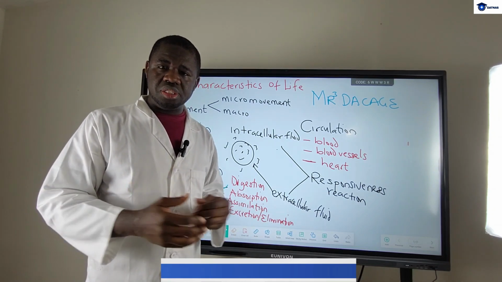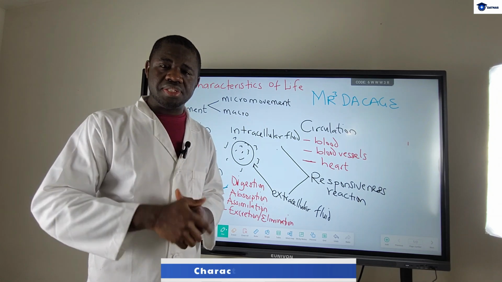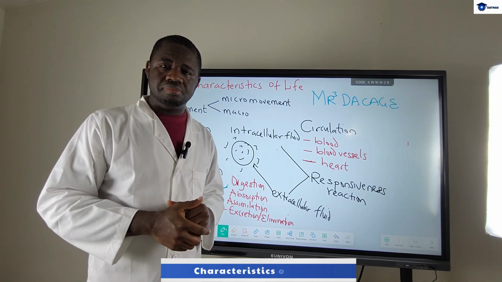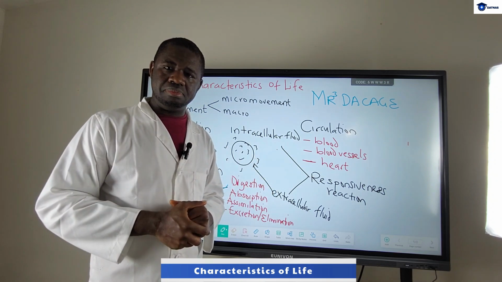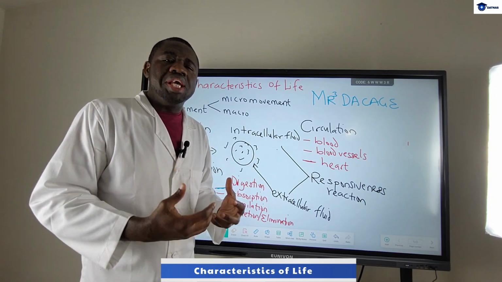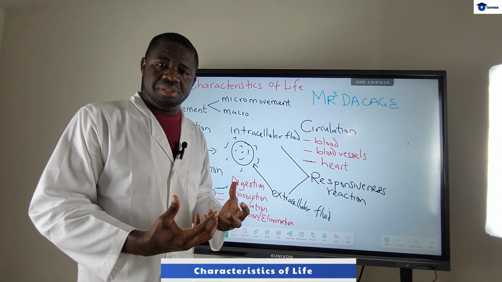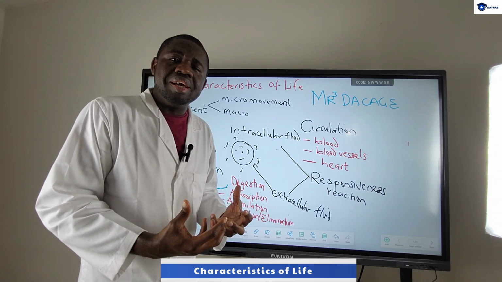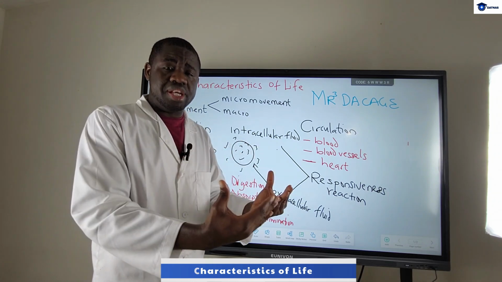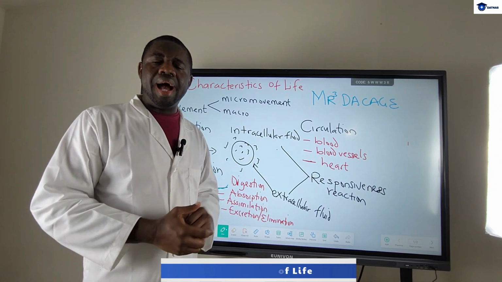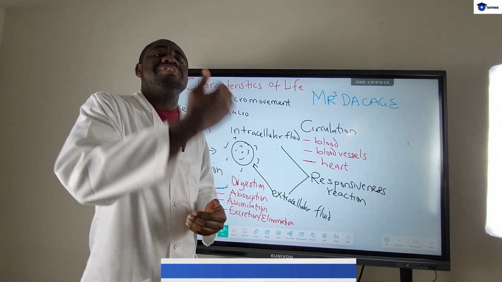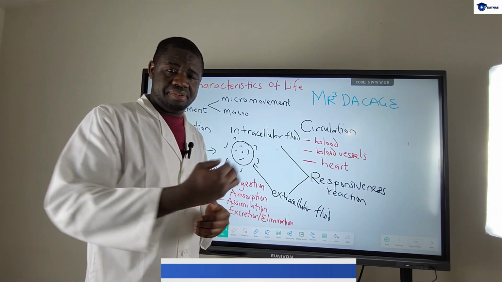When someone slaps your face or curses you, how do you respond? So, to be human, there must be a sign of responsiveness to a situation. And the body does that internally and externally.